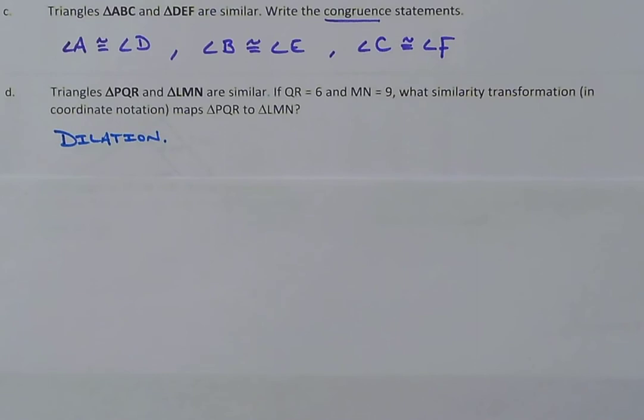That would be x comma y goes to something x comma something y for this coordinate notation. Now we have to figure out the scale factor, and when we're figuring out scale factor, remember it's prime over original.